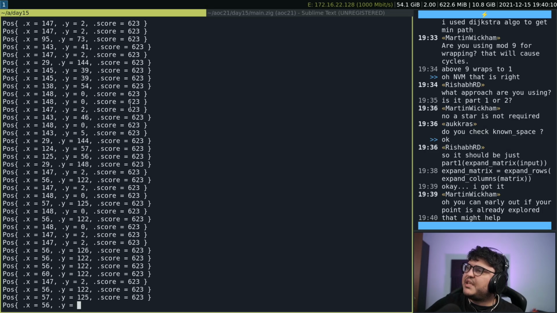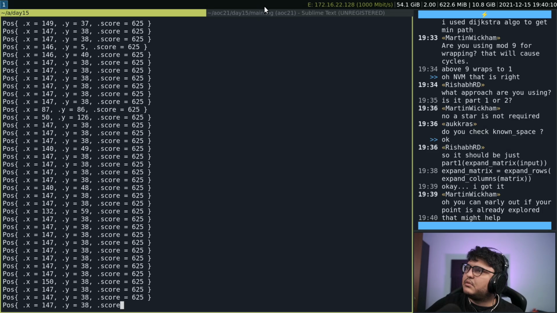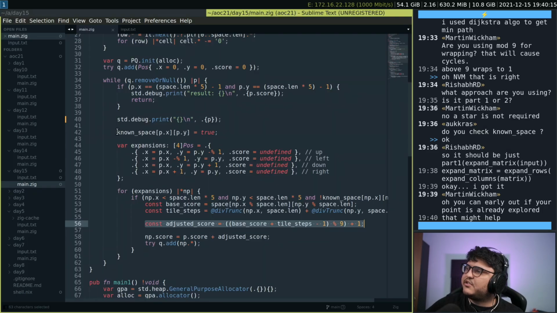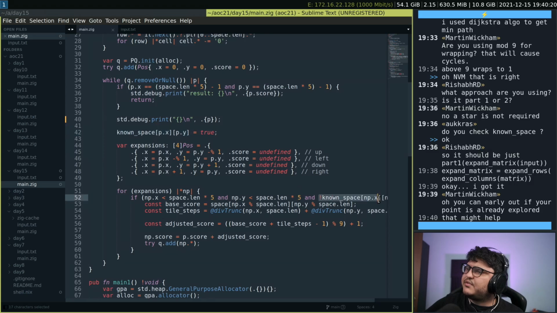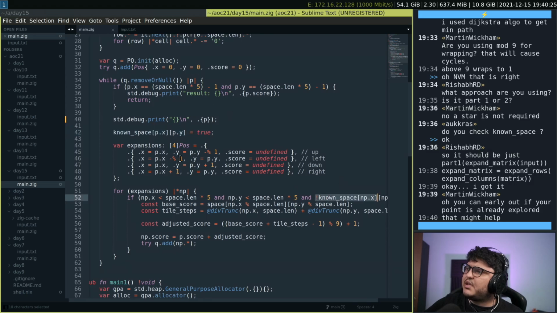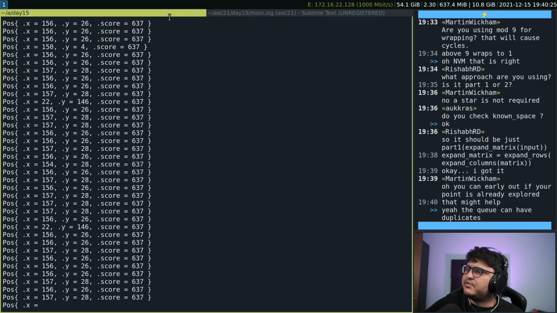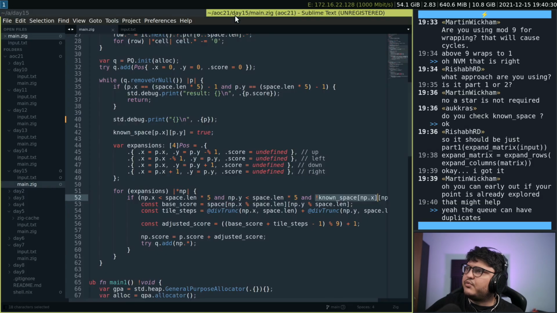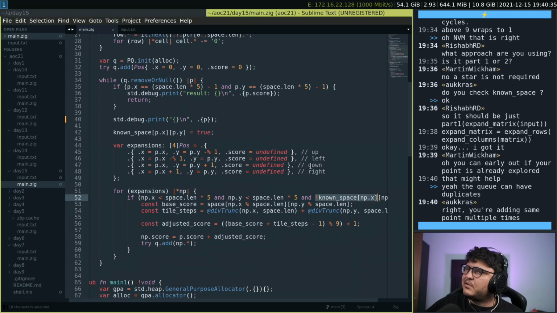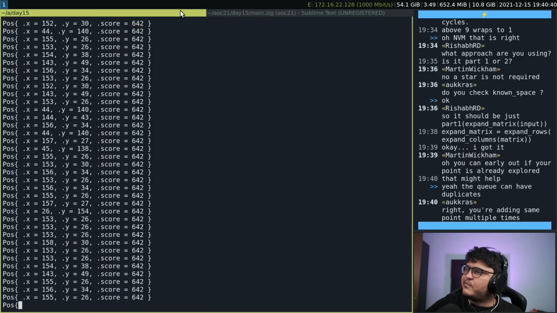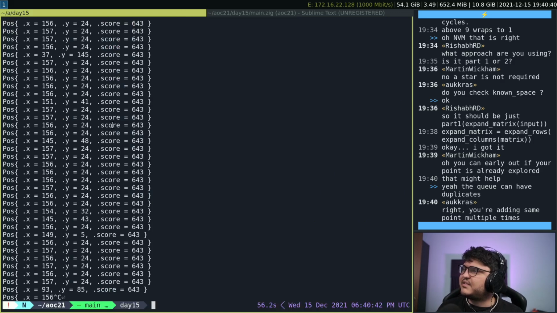Or you're saying the point P. So if the point P is already through before we got there, then do it. Although because of this, the point P should never be in here twice, right? The Q can have duplicates. There does seem to be some duplication in here.